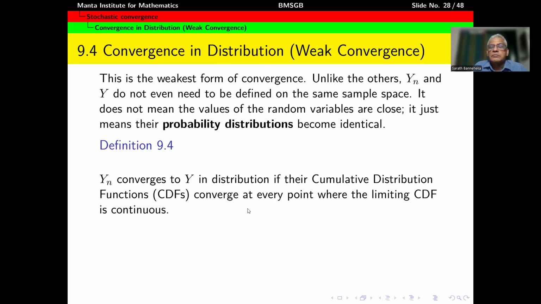We are not going to look at the closeness of the random variables as n becomes large. What we are going to look at is the closeness of the distributions of yns and the distribution of y.